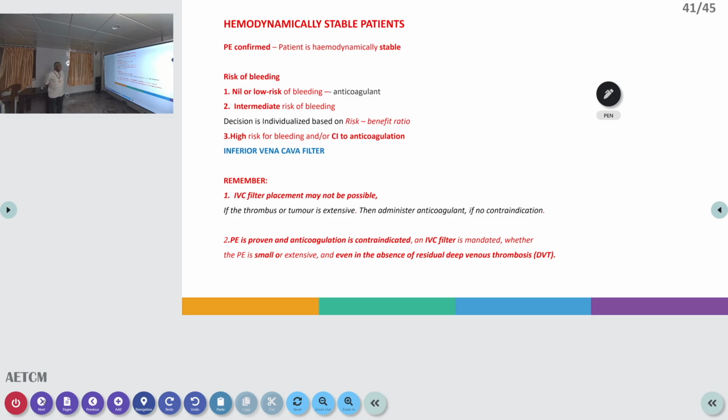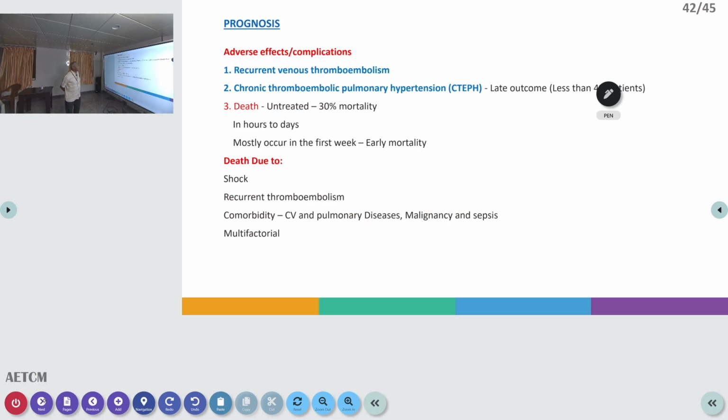There may be origin of the thrombus from some other veins, not necessarily from the deep venous system in the extremities. It may be from the pelvic veins or from some of the abdominal veins. This may happen and cause recurrent pulmonary embolism.